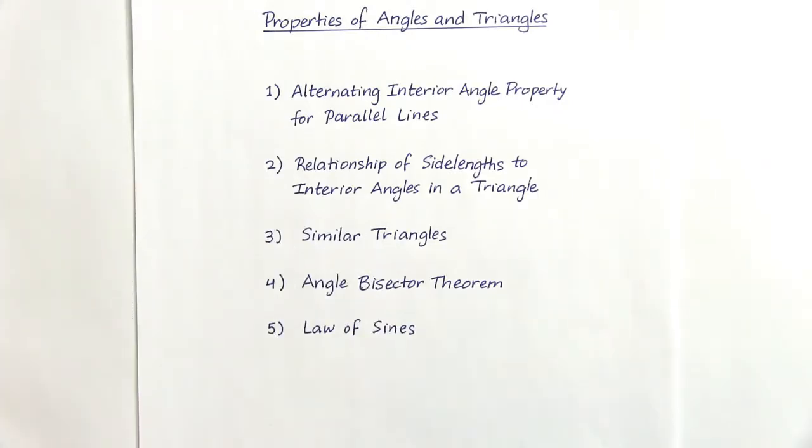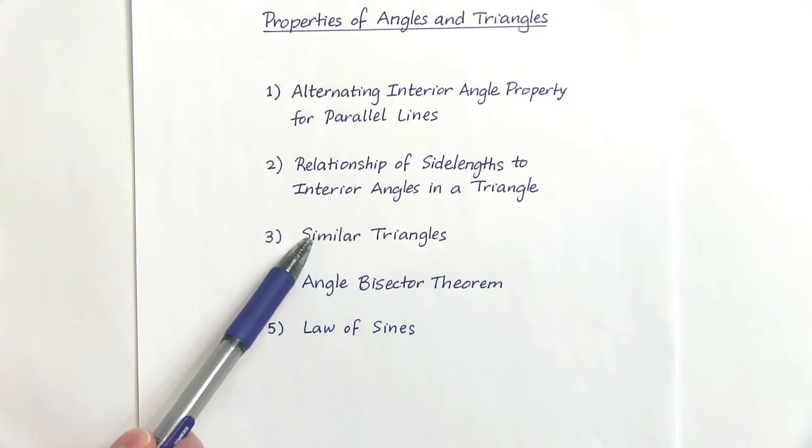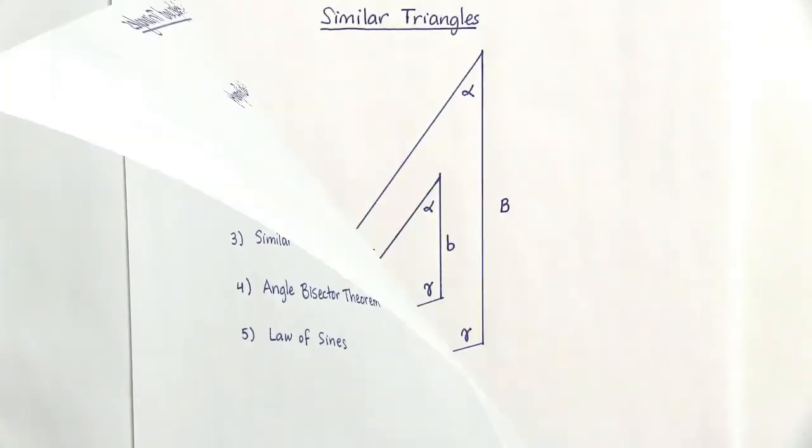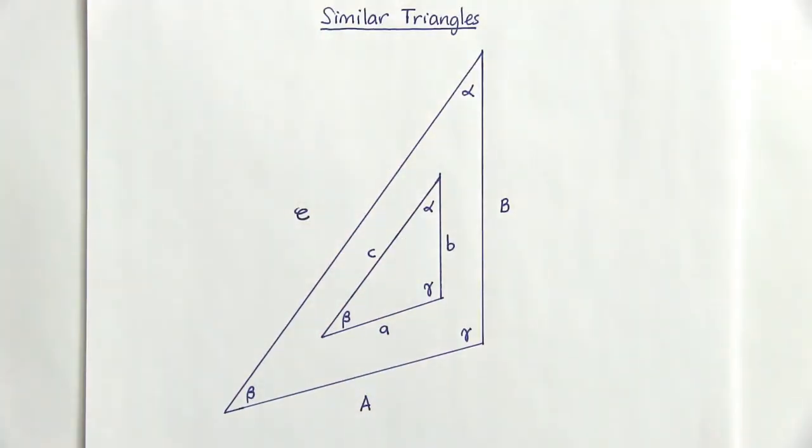The third property that we want to recall, in order to understand the written solution, is how similar triangles work. And that goes like this. Similar triangles are ones that share the same set of interior angles.